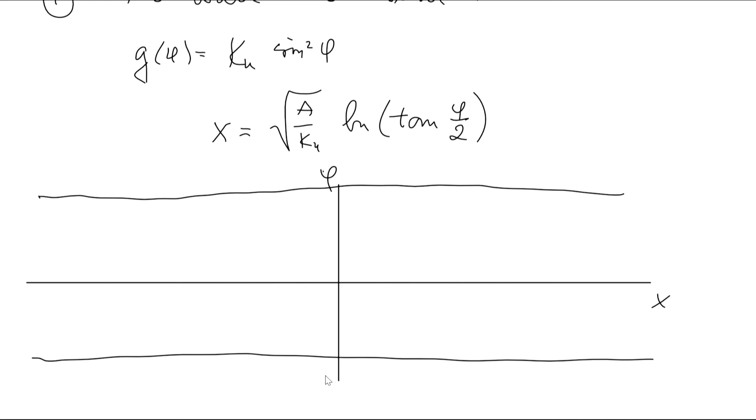This is 0 degrees in φ, this is 180 degrees, and this is 90 degrees. You have tangent here, but when we invert, it would be horizontal.